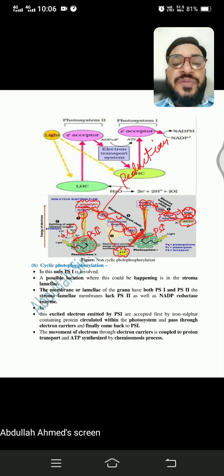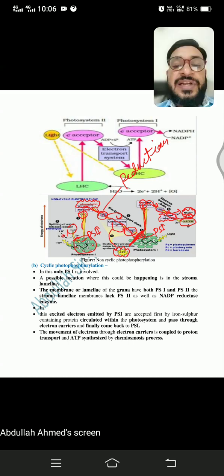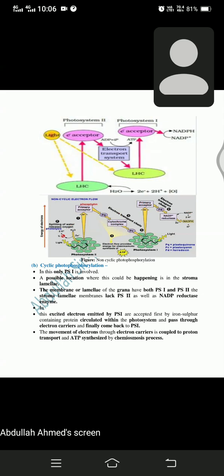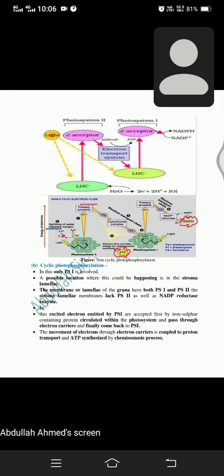That's why this pathway is called the non-cyclic pathway. In this non-cyclic pathway, one ATP and one NADPH form.